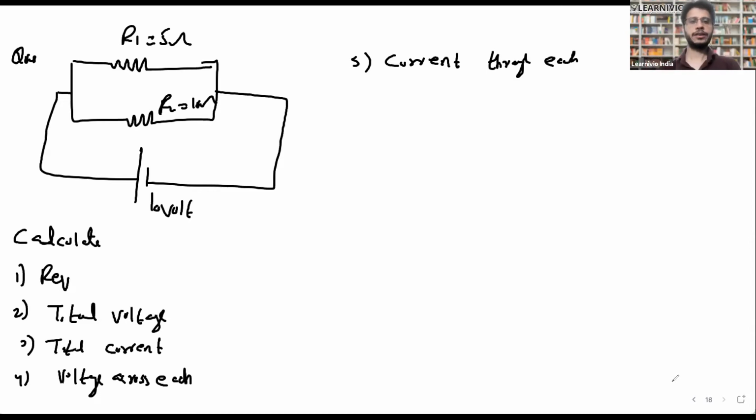Ten, Amalia. 10. Yes, Noor, you are correct. R2 is 10. Yes, Noor, second is correct. Ahmed, first two are correct. Yes, both are correct.